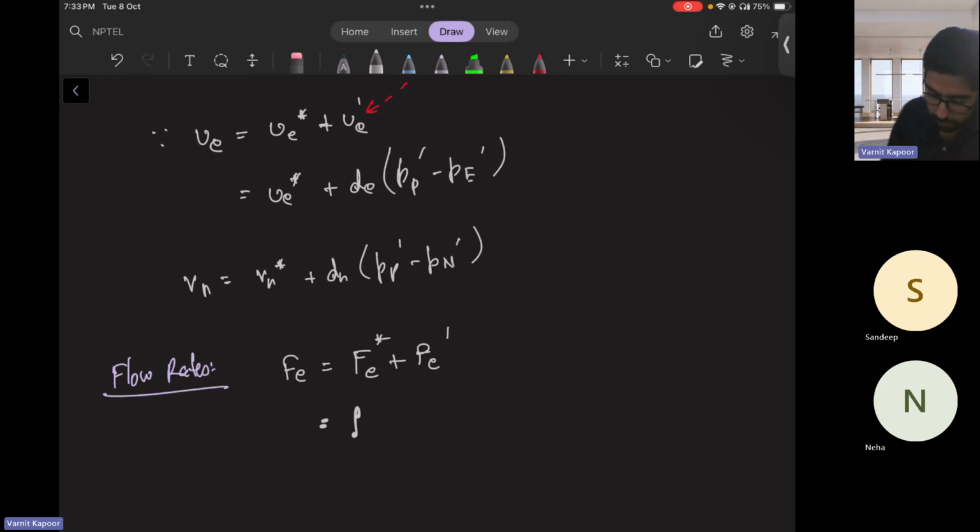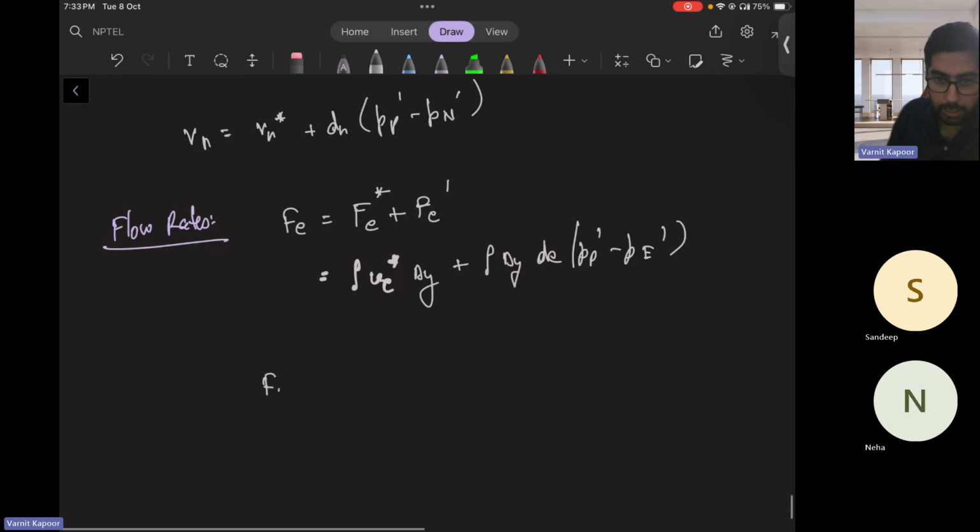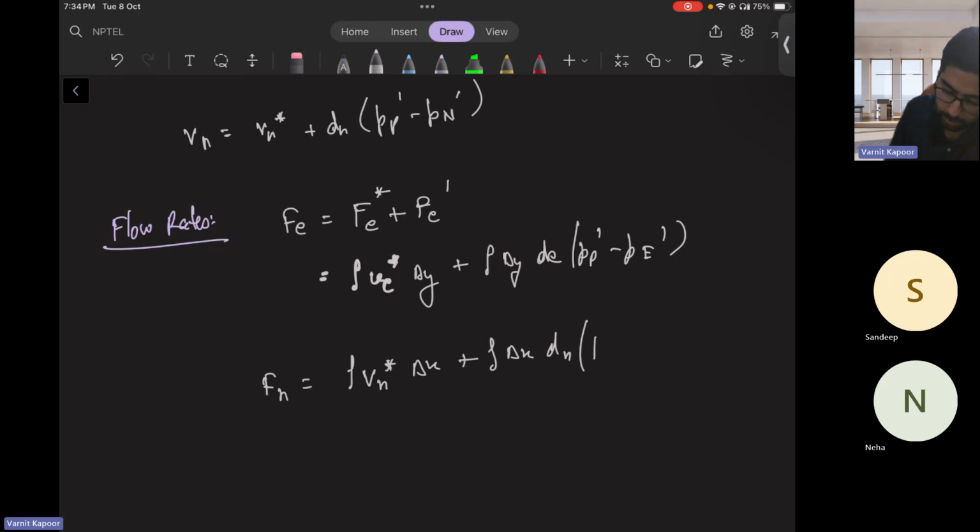Put these values: rho U E star del Y plus rho del Y PE PP dash minus P dash. Similarly, F naught can be written as rho V naught star Lex plus rho del X P naught P dash minus P naught dash.